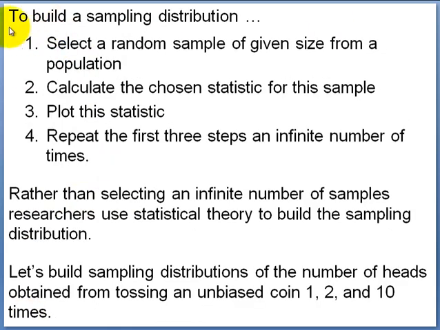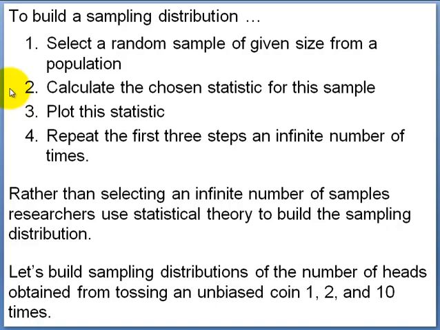So how specifically does one build a sampling distribution? Select a random sample of given size from a population. Calculate the chosen statistic for this sample. So one might select a random sample and, for instance, calculate the mean of this sample.